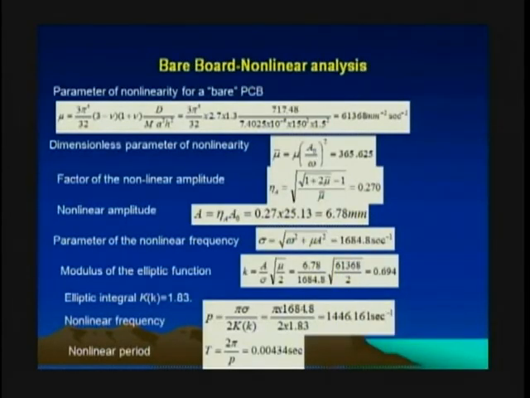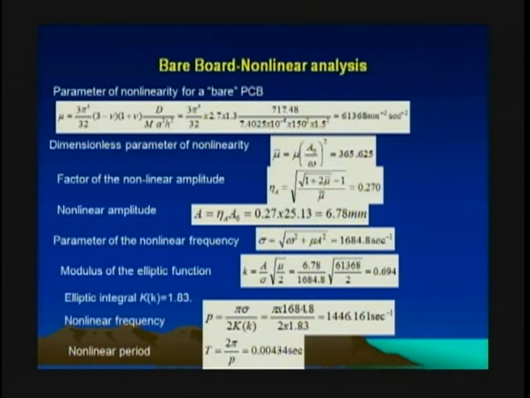Now the bare board nonlinear analysis. And here is the dimensionless parameter of nonlinearity we calculated, the factor of nonlinear amplitude, we saw it, you see it. The nonlinear amplitude in this case is 6.78. The parameter of nonlinear frequency is 1,600 and so on.